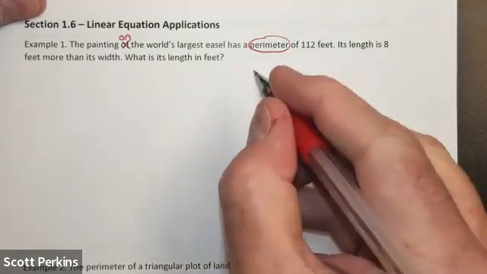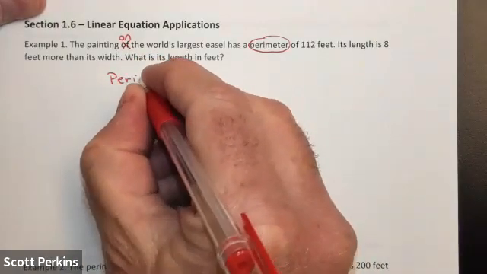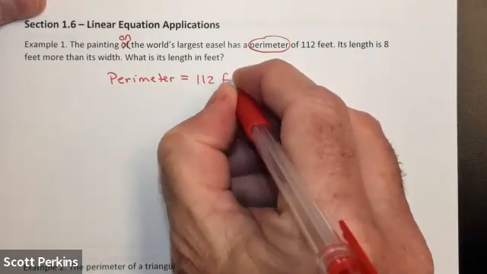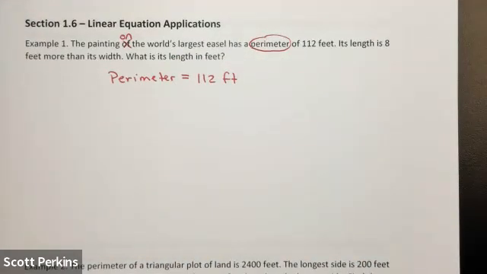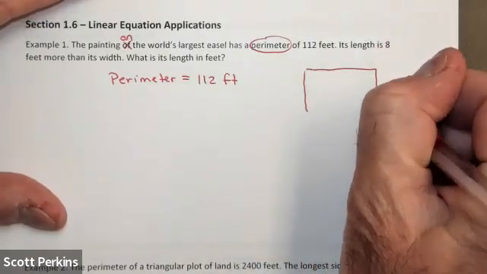So here's what I'm going to do. I'm first going to write down that the perimeter is equal to 112 feet. Given a relationship between the sides, now I'm a visual person, so what I'm going to do in this instance is draw myself a little rectangle right here.